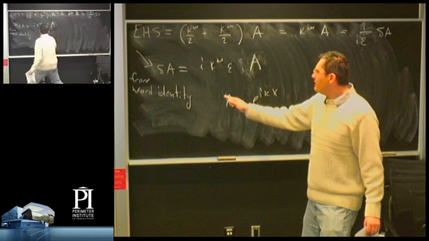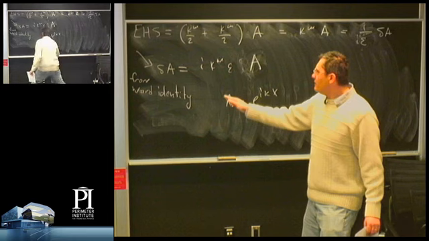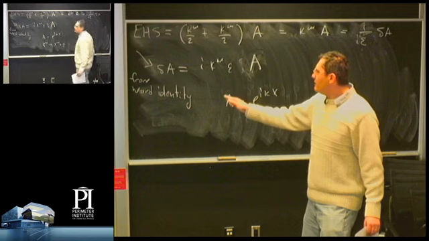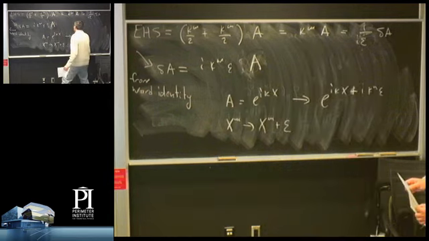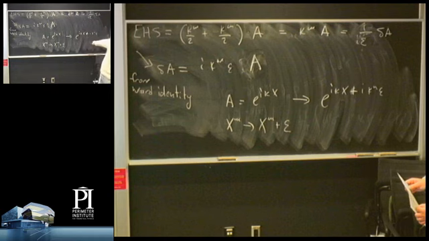If I have an operator A equals e to the i k x, and I'm shifting x mu, so the symmetry is x mu goes to x mu plus epsilon, then my operator goes to e to the i k x plus i k mu epsilon.